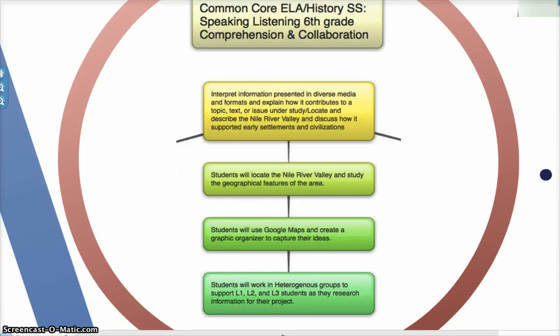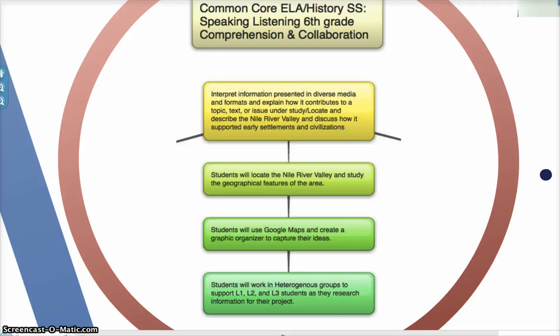And so a sample lesson would look like this: we took the Common Core in English Language Arts and History Social Studies from our current standards, and we married them. This is an anchor standard for the Common Core for speaking and listening in 6th grade, with a focus on comprehension and collaboration.